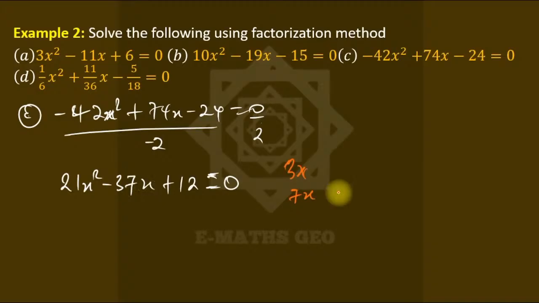So assuming I make two factors of 12, I can use 1 and 12. But it will be large. Is it possible? 1 and 12: it's not possible, because if I use 1 and 12 here, this is 36 already. 3x times that 36 will be more. That 6 plus 7 is 14, but this is negative.